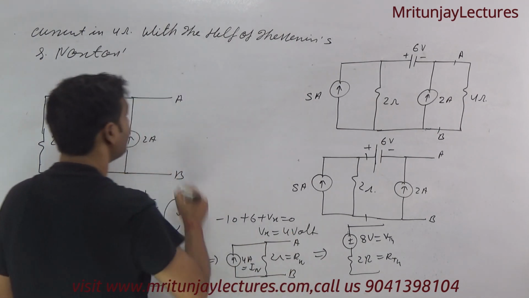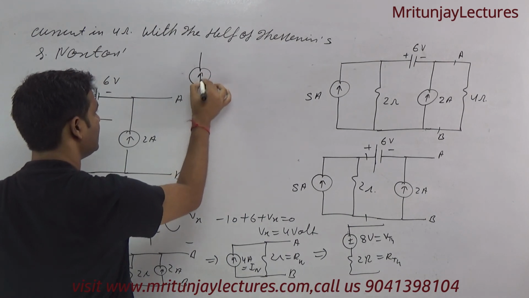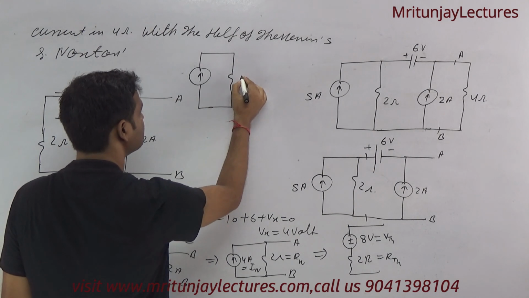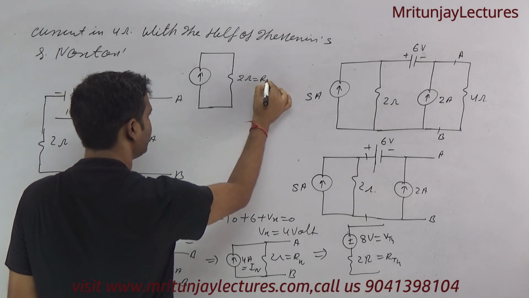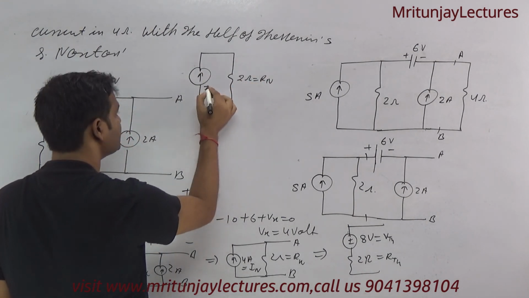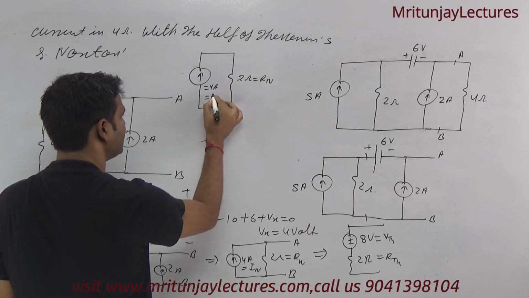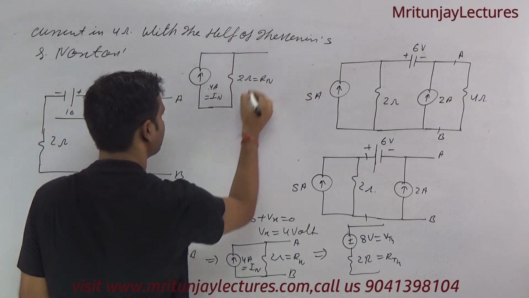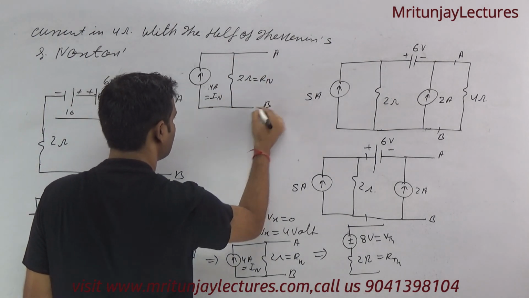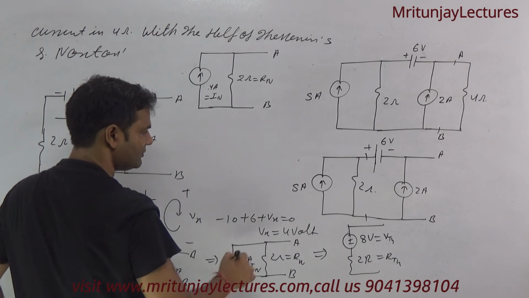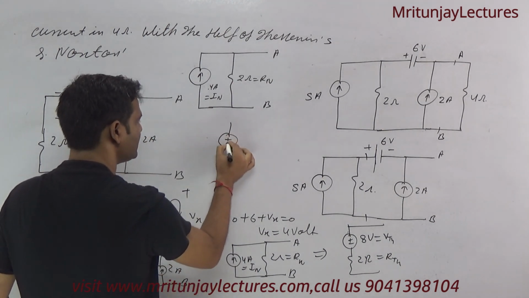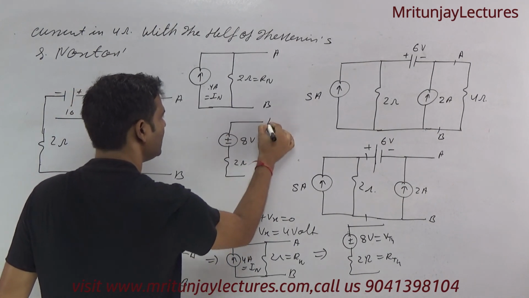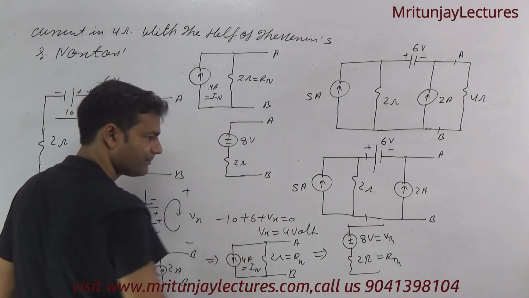Corresponding to the AB terminal, with 2 ohm as RN and 4 ampere as IN, you can also represent it as plus minus 8 volt and 2 ohm, with A and B terminals.